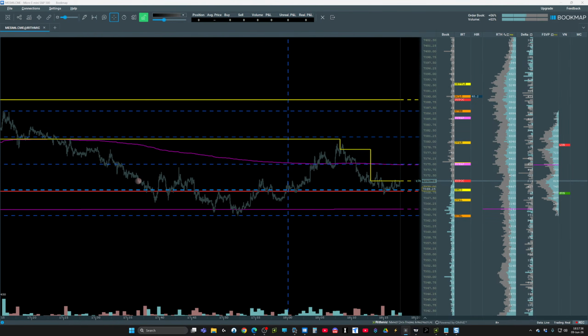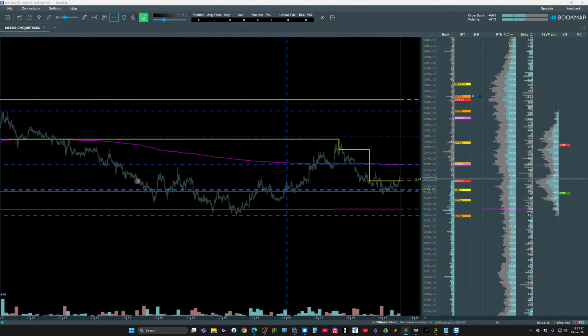Assuming we break the opening range low or high, these are the probabilities that will retrace to these various percentage levels.